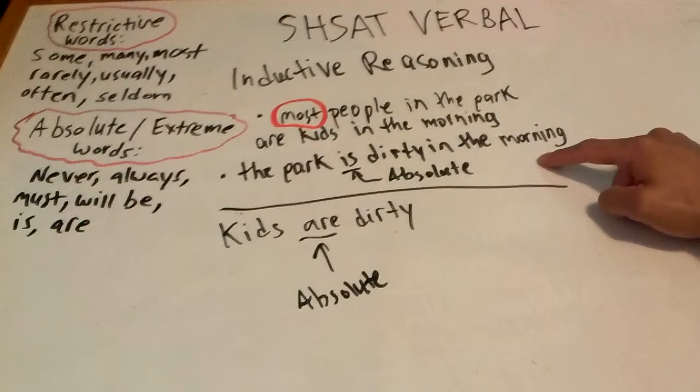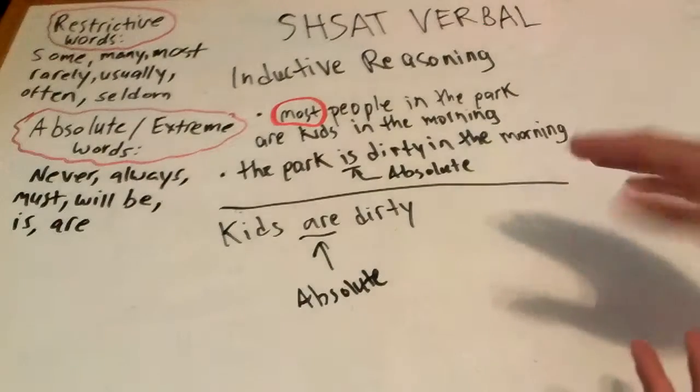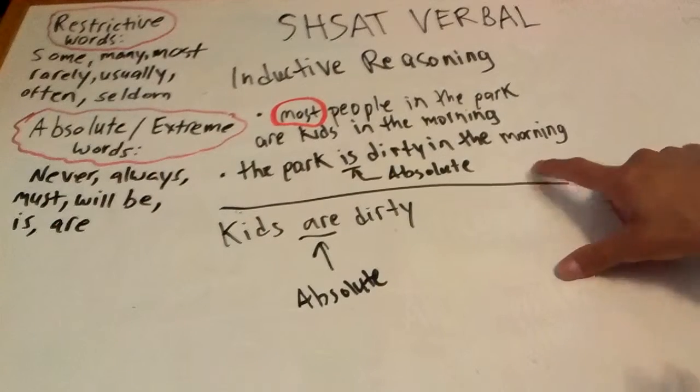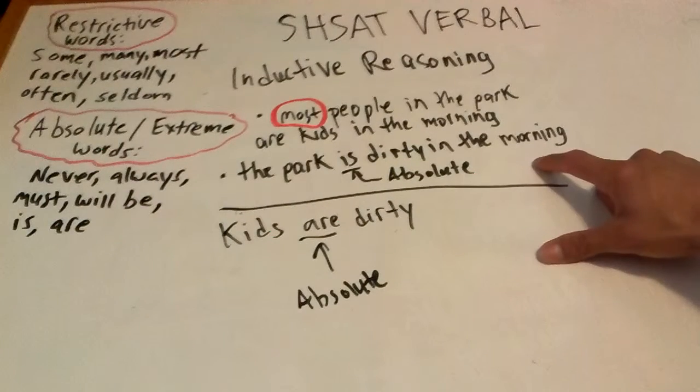But here, in the part of logical reasoning that I've decided to call inductive/deductive reasoning, very little of you is required in terms of contributing material. The material itself does everything. It speaks for itself. Read the sentences closely, and I'll give you an example of what a real SHSAT question looks like, and you have to assume that all the premises, all the sentences inside the question, are absolutely true, even if you know they're not true.